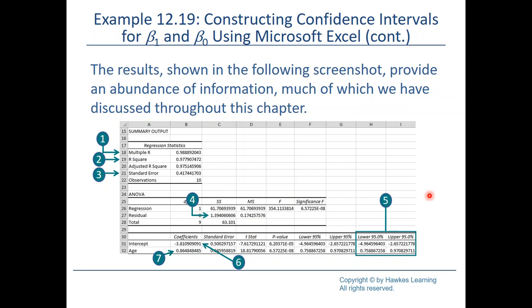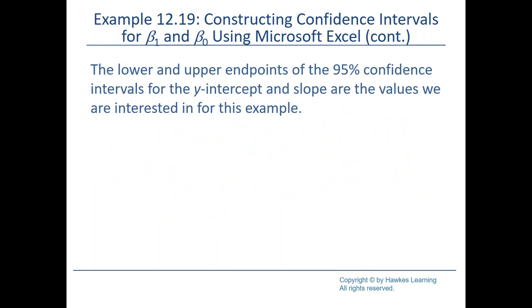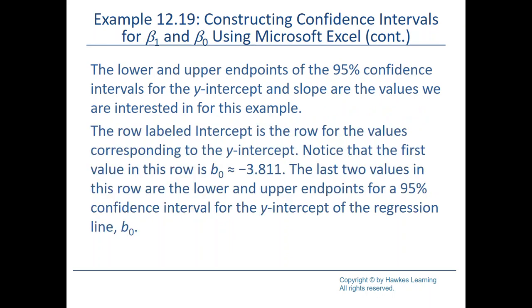So, like I said, there's just so much here, and Excel will do so much more all together in one. Again, we're not going too much into the ANOVA tables, but just be aware that those do come out in another section, okay? So our lower and upper endpoints for that 95% confidence interval for the y-intercepts and the slopes are given as follows.